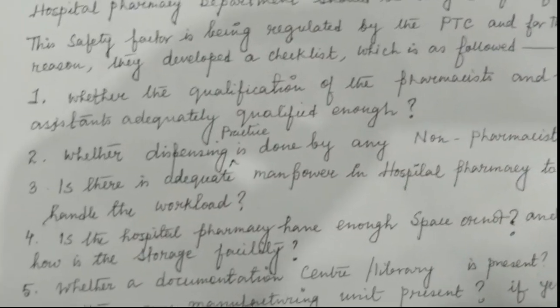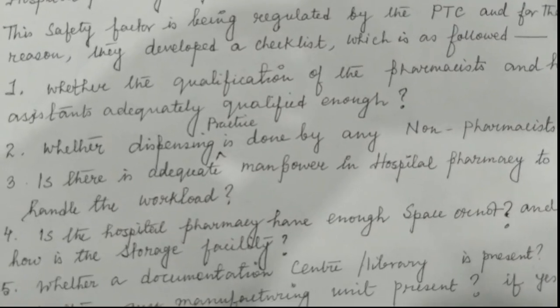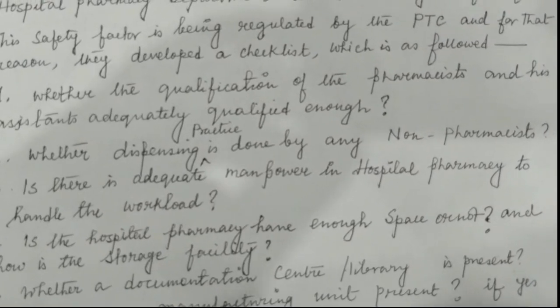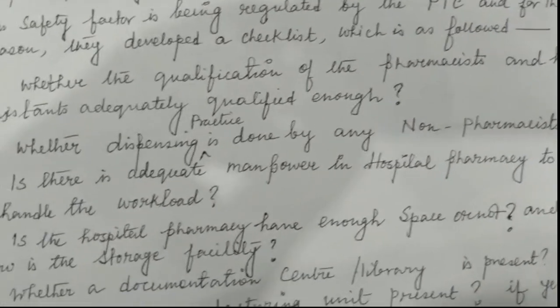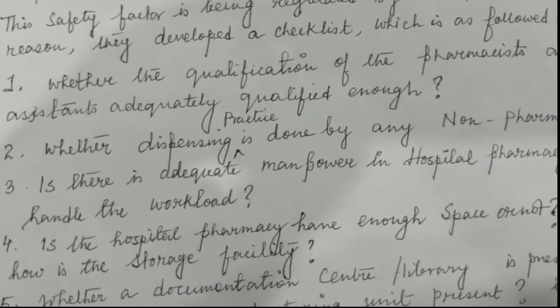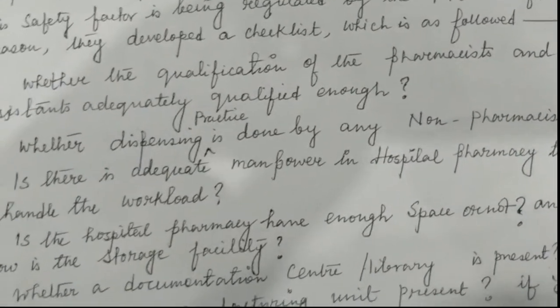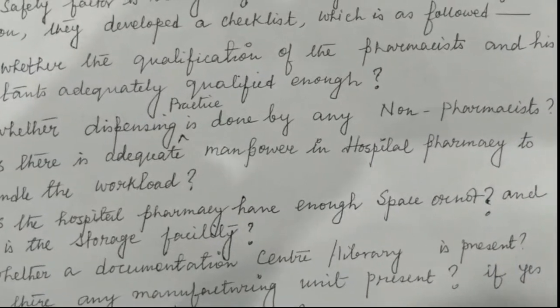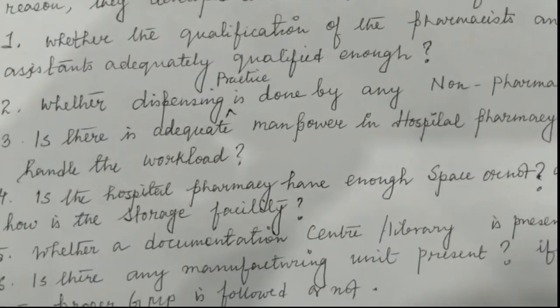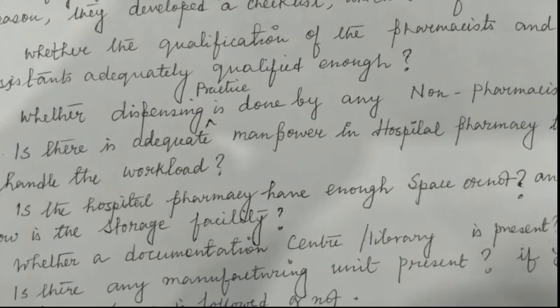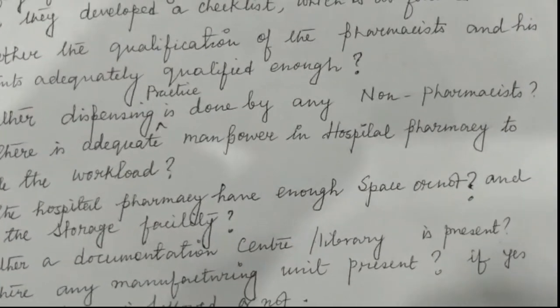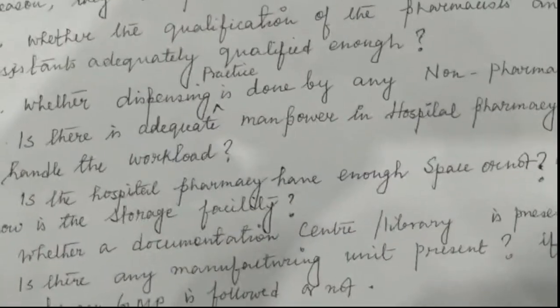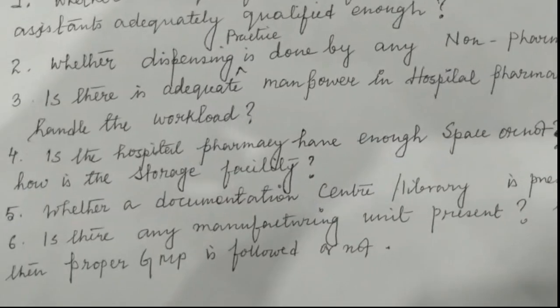Number 1, whether the pharmacist and his assistants are adequately qualified. Number 2 is whether dispensing practice is done by any non-pharmacist. Number 3 is whether there is inadequate manpower in the hospital pharmacy to handle the workload.